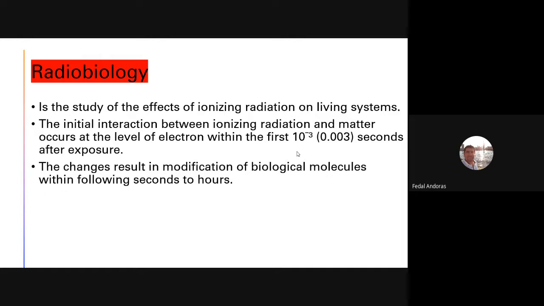The change results in modification of biological molecules within the following seconds to hours. So the first interaction happened within parts of seconds, milliseconds. The change that happened after that leads to modification of biological molecules within seconds to hours.